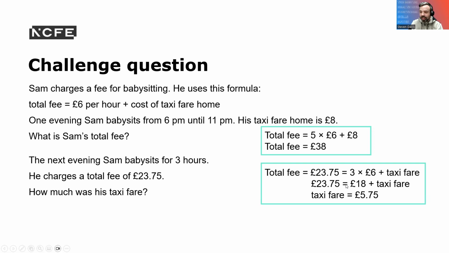Then we take the total fee of £23.75 and minus that 18. So £23.75 equals 18 plus the taxi fare. So the taxi fare there is the bit in between.